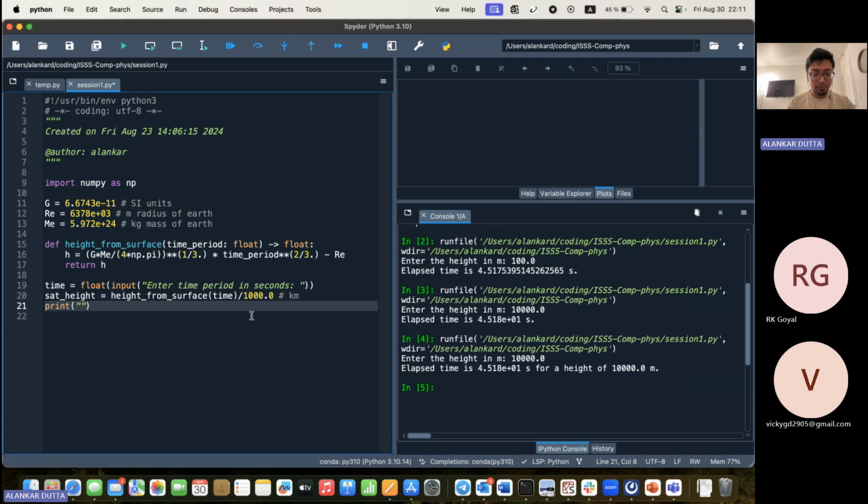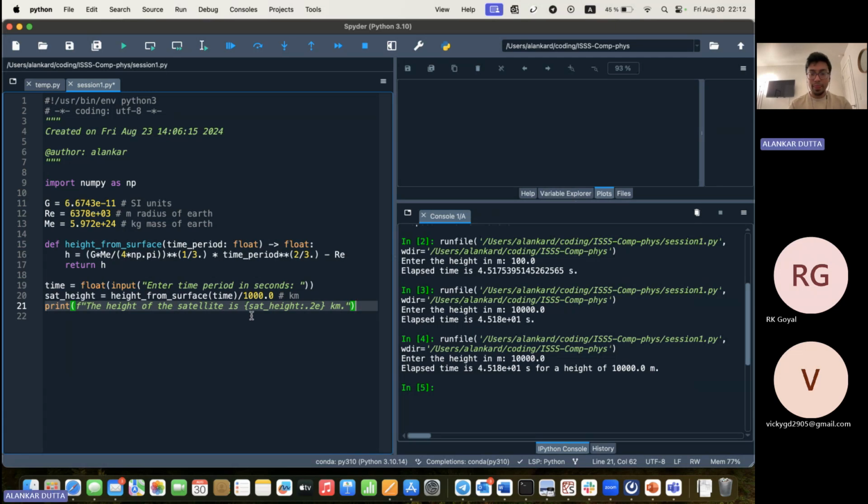And for comments, we can just note that this is in kilometers. So, okay. Let's say this is an F string, and we'll say the height of the satellite is the set height, and then again what we can do is just give something like a 0.2f kilometers, right?